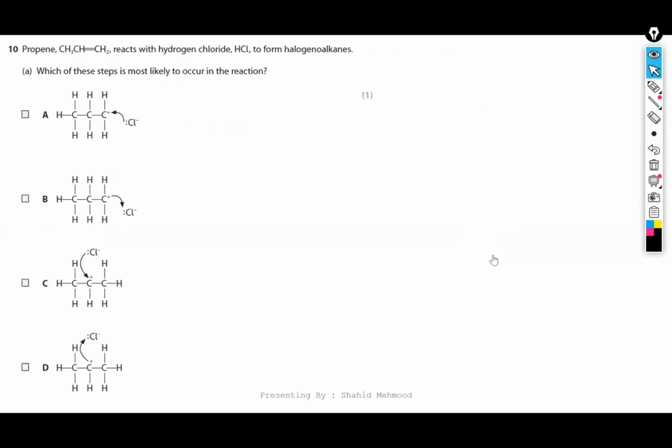Question 10. Propene reacts with hydrogen chloride to form halogenoalkanes. Which of these steps is most likely to occur in the reaction? This is CH3CH=CH2. To react with HCl, we have two choices. As the alkene is unsymmetrical and HCl is unsymmetrical, we will have two choices of product, a major product and a minor product.